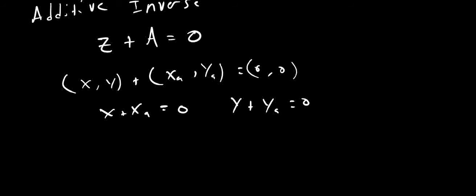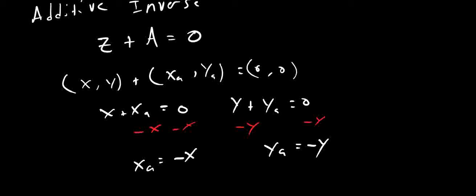We'll just subtract x from both sides, and on this one we'll minus y from both sides, and we see that xa is going to equal minus x, and ya is going to equal minus y.